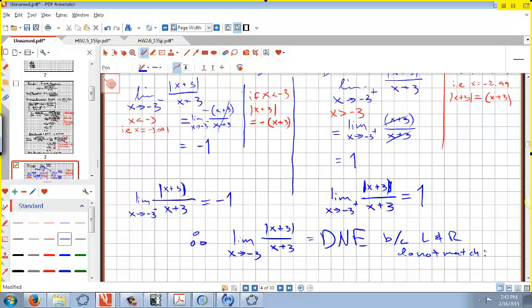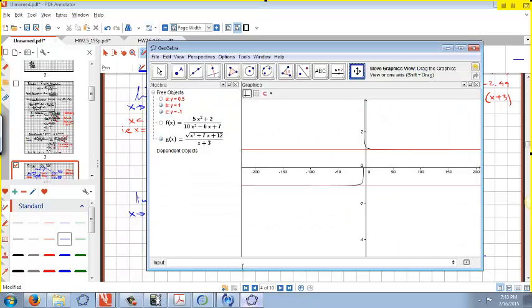They do not agree. The left-hand limit and the right-hand limit don't match. And if you look at the graph, and I'm going to do number 7 right away after this, if I have absolute value of x plus 3 divided by quantity x plus 3.